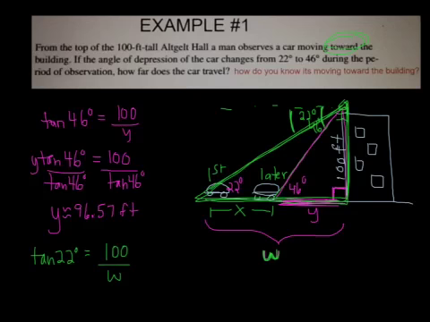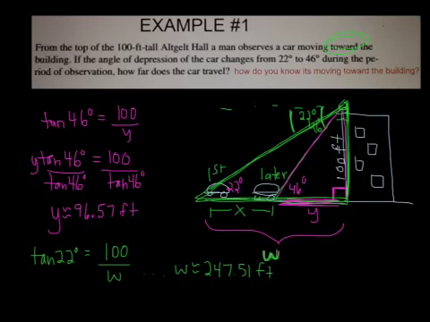Keep in mind sine, cosine, and tangent don't really make sense or don't have value unless they are within a right triangle. Then we're talking about opposite, adjacent, and hypotenuse measures. If you solve here for W, W will be approximately 247.51 feet.